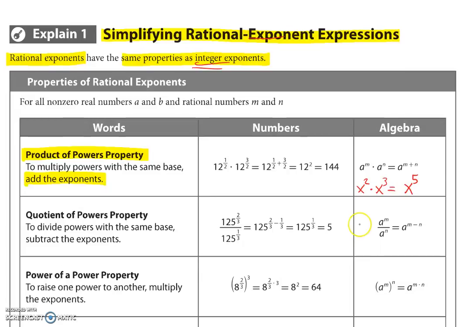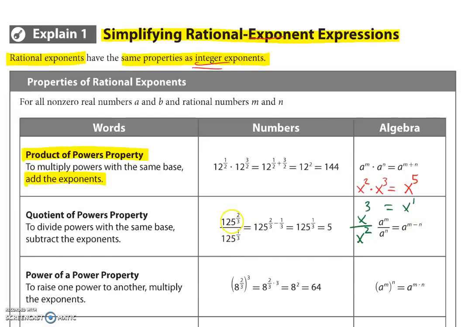So the next one, if we had x cubed divided by x squared, we would say there's 3 x's on top and 2 x's on bottom, and 2 of them will cancel, which is subtracting the exponent. So x cubed minus 2 would be x to the first power. We'd subtract those exponents.